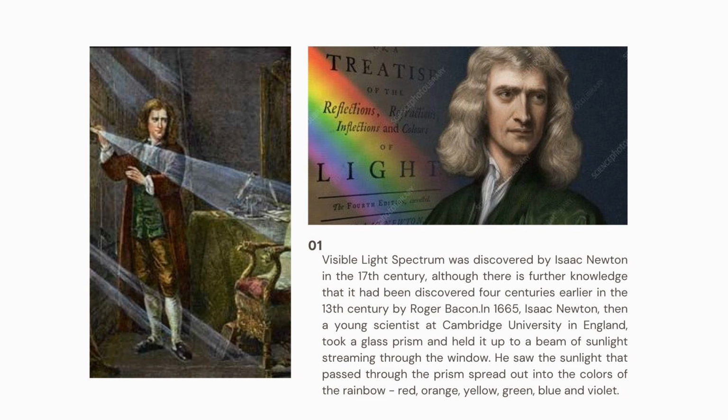He saw the sunlight that passed through the prism spread out into the colors of the rainbow. The colors of the rainbow are red, orange, yellow, green, blue, and violet.